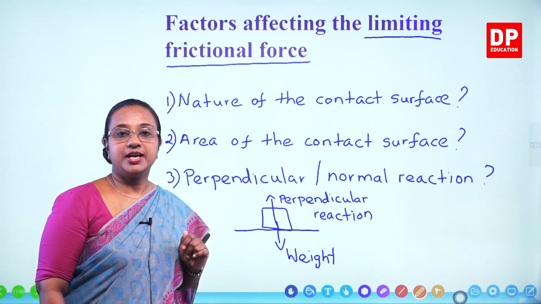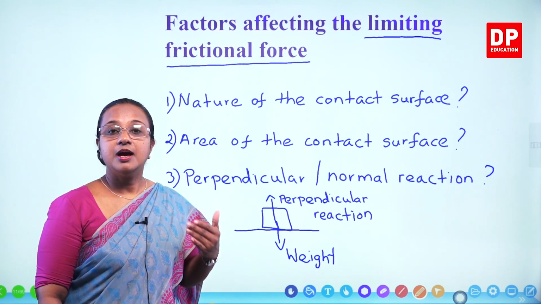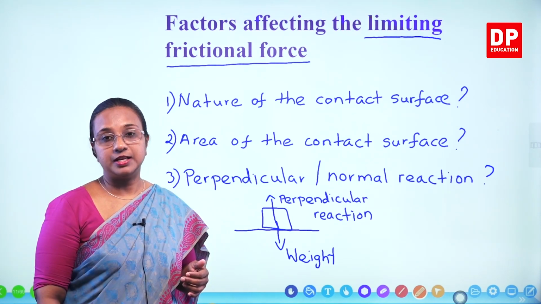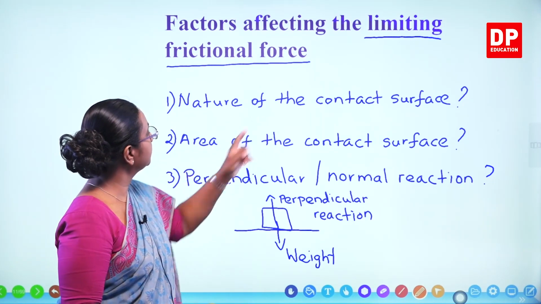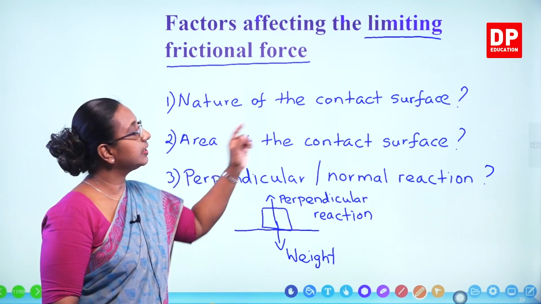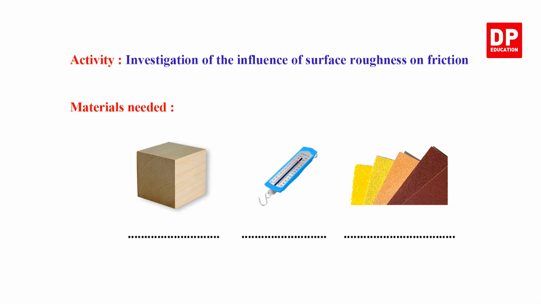Now let us check whether these three factors affect limiting frictional force. So we will start off with the first factor, nature of the contact surface. Investigation of the influence of surface roughness on friction.